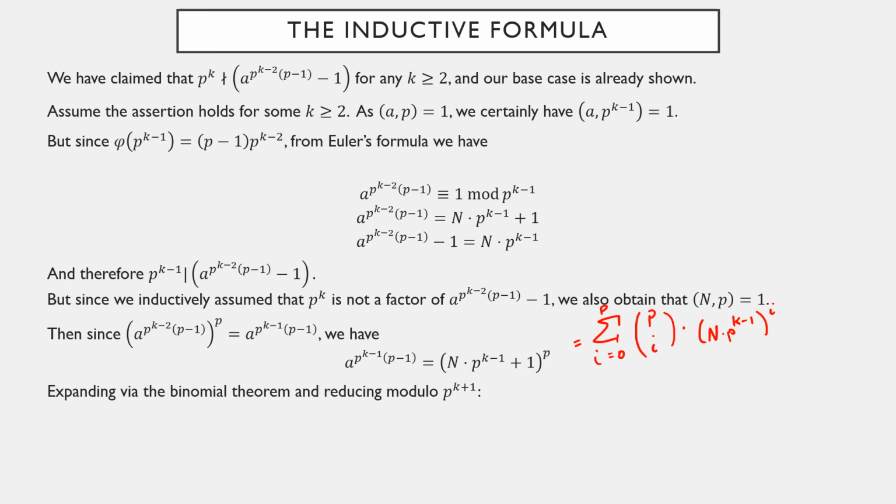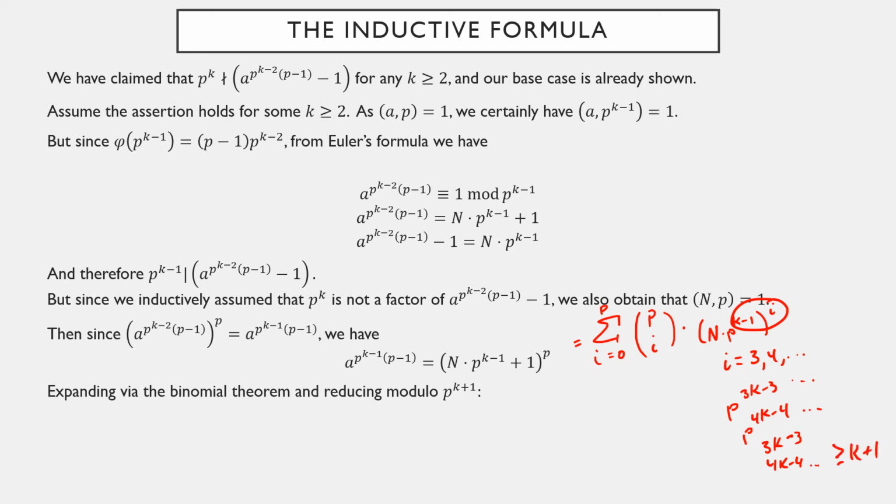Okay, now, if i is 3, 4, or larger, you end up with p to the 3k minus 3, or p to the 4k minus 4, etc., by taking that product there. However, all of these, 3k minus 3, 4k minus 4, and so forth, are bigger than k plus 1.